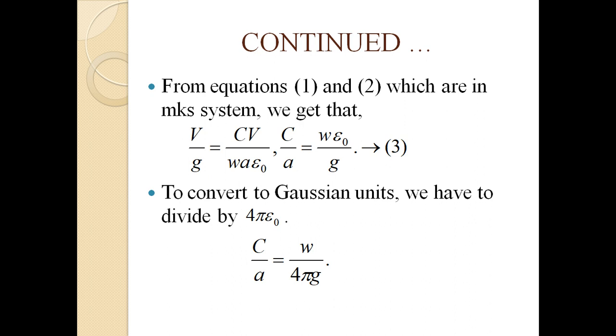By converting these to Gaussian units, we have to divide the above expression with 4 pi epsilon 0. This gives you C by A equal to W by 4 pi G.